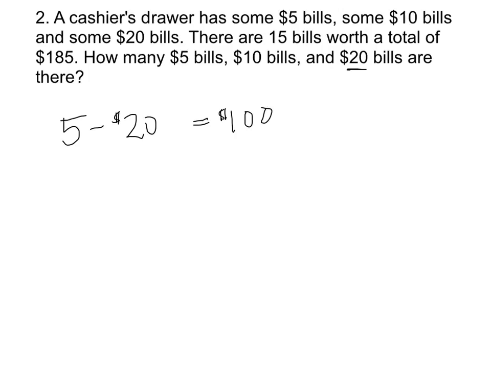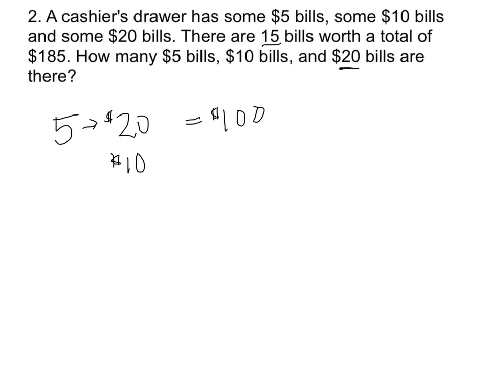Now I might have to do some erasing, so bear with me. If I have 5 $20 bills, the next step is to ask how many $10 bills I need to get really close to 185. And I can't go over 15 bills.